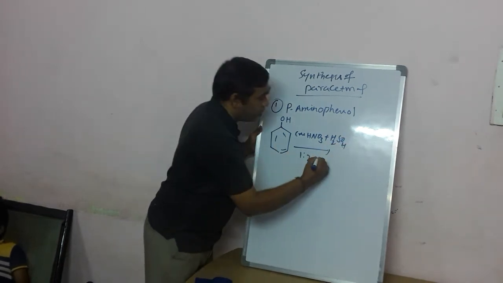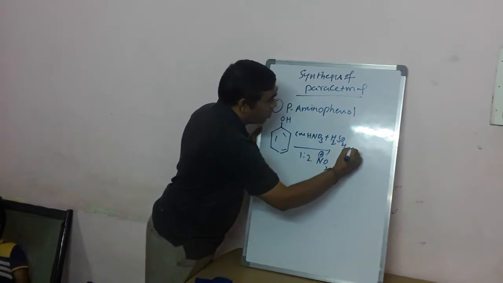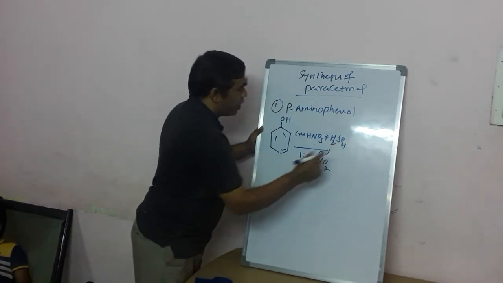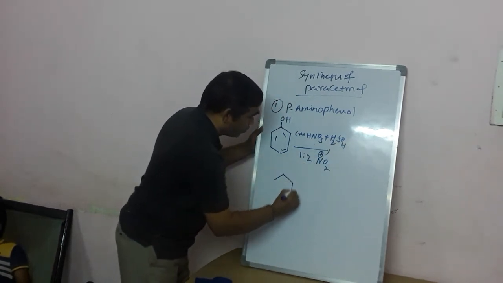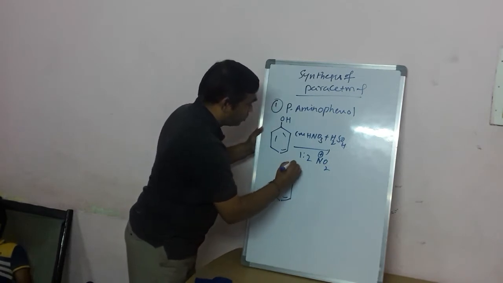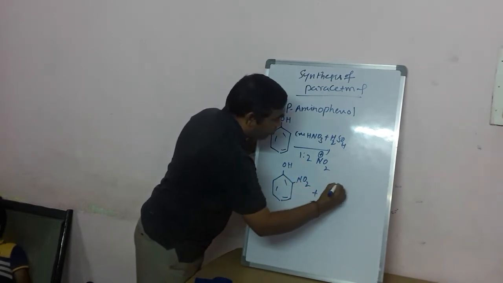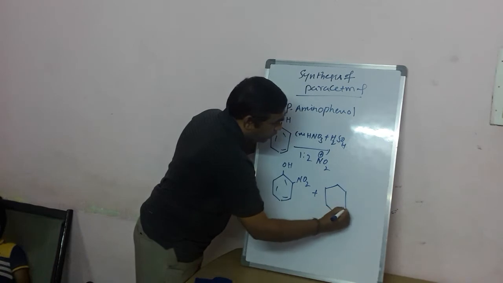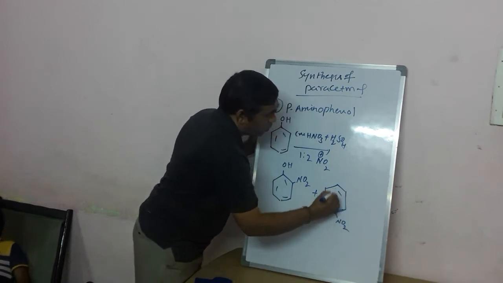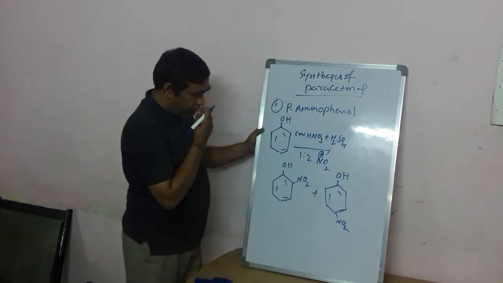From this, the NO2 group is released and becomes a substituent on the ring, giving two types of products. One is ortho-nitrophenol, with the OH group. Second is para-nitrophenol. So a mixture of compounds is formed.